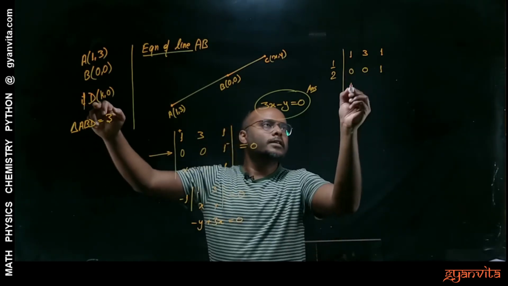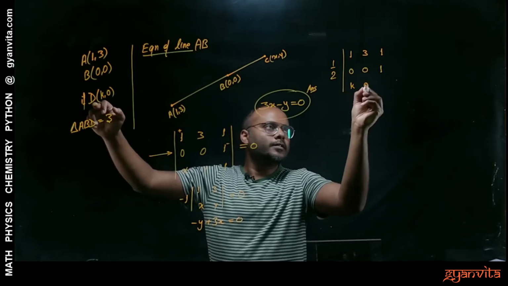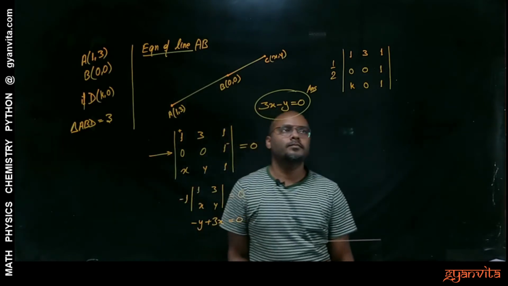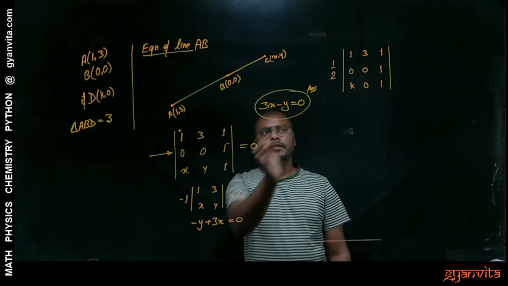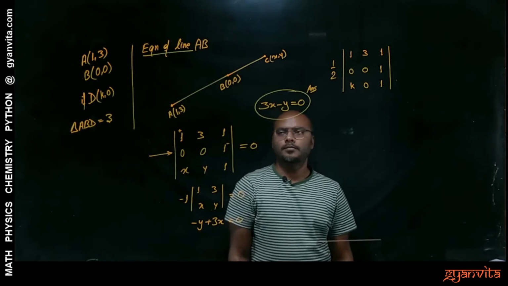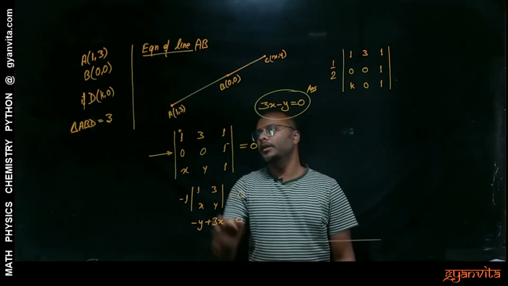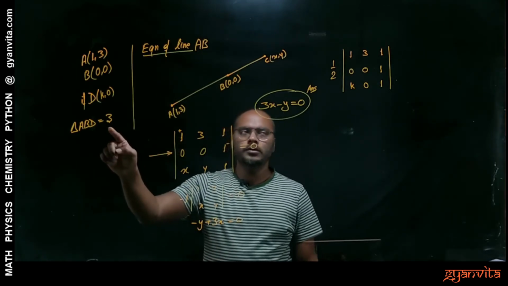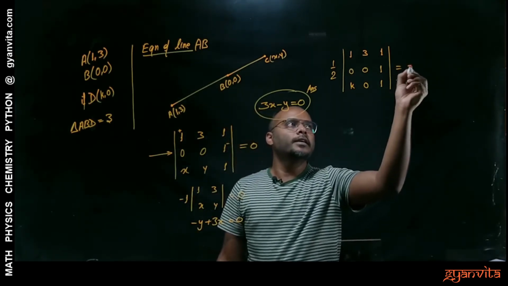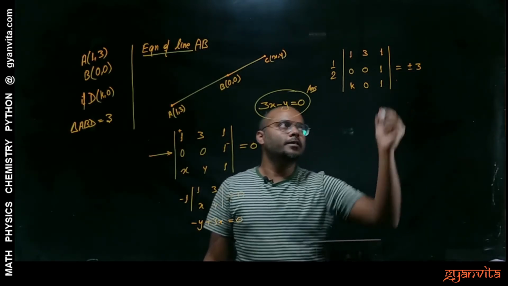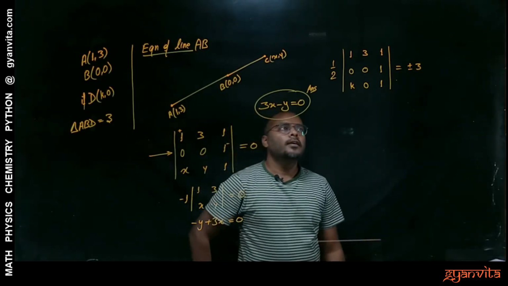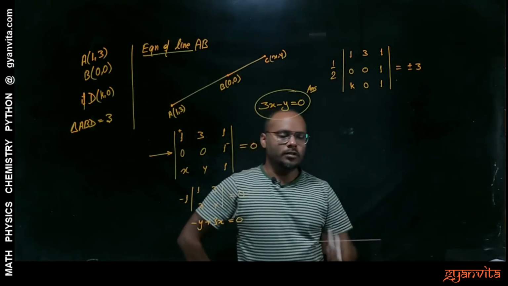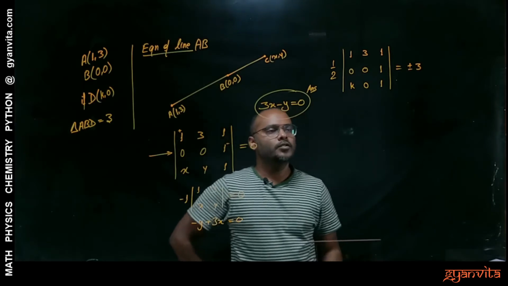Third is D, so that is k 0 1. So instead of x and y, you have k and 0. Now this area has to be equal to 3, but this determinant can be anything. It can be even plus 3 or minus 3. So just equate it to plus or minus 3, and now you just have to solve this, right?